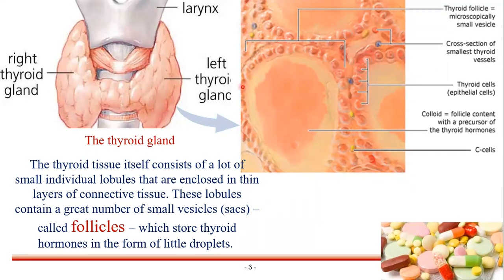And around these follicles are thyroid cells. Inside the follicle is the colloid. And in this place they synthesize the thyroid hormones.